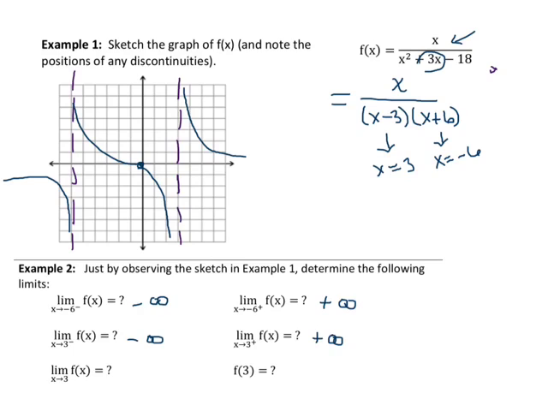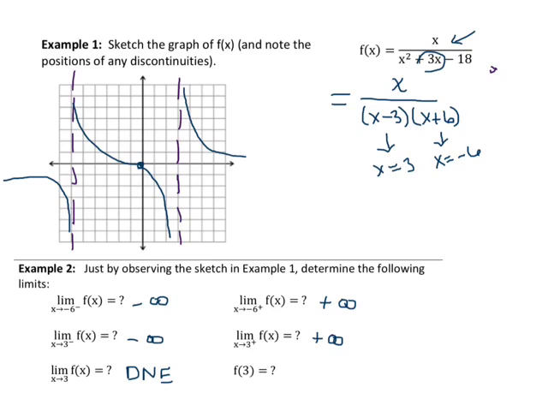Ask yourself a question: do these two limits equal each other? Remember that in order for the limit to exist in general, the left-hand side and right-hand side limits must be equal to each other. In this case, they do not. Therefore, the limit in general as x approaches 3, we would say, does not exist.